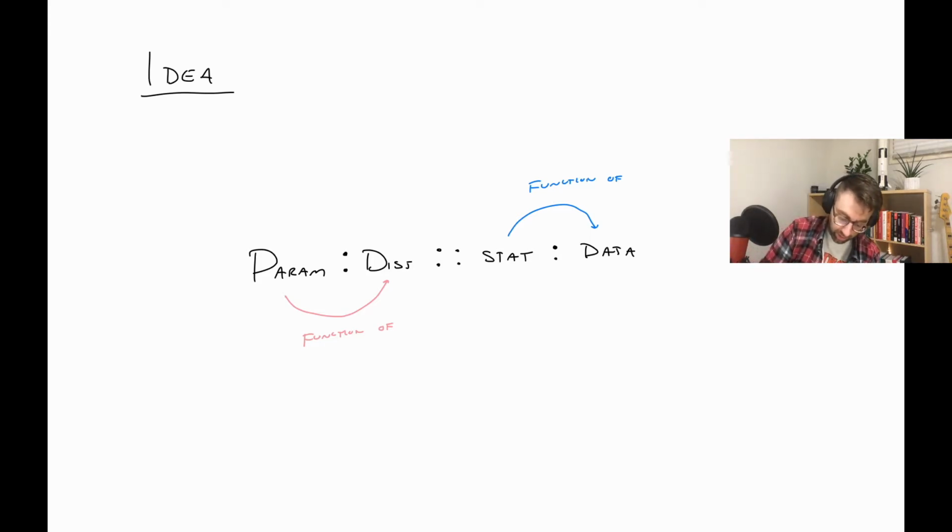Long story short, we already estimated the distribution, right? So now I want to estimate what I'm going to call parameters, I'm going to give them a different name in a second, of that distribution. It turns out that if we can estimate the distribution, we have a generic way to estimate parameters of that distribution, that is, functions of the distribution.